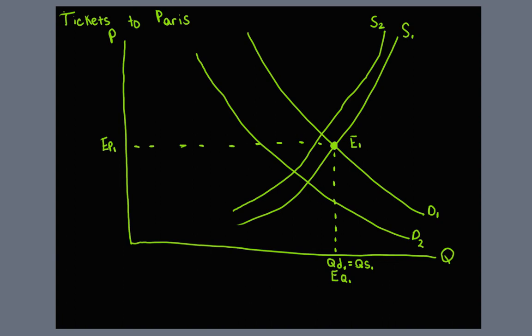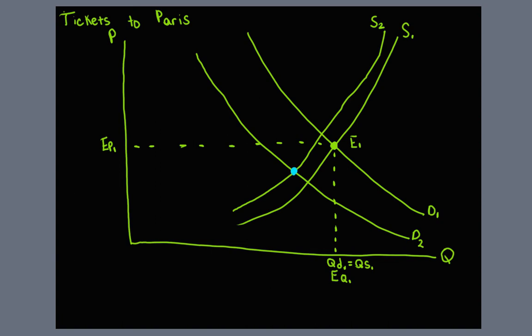So now if I look at my new equilibrium, where this blue dot is, I see a place where the new supply and the new demand intersect. If I come down to the horizontal axis, I see this is the new place where quantity demanded equals quantity supplied, which is exactly what a new equilibrium is.